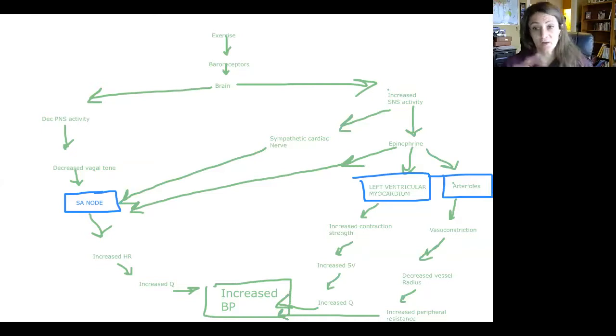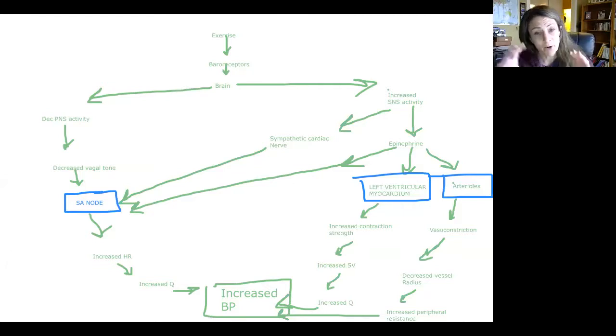So then you've got to say, well, epinephrine acts on the SA node to cause an increase in heart rate, which causes an increase in cardiac output and blood pressure. Epinephrine acts on the left ventricular myocardium to cause an increase in contraction strength, which causes increased stroke volume, cardiac output, blood pressure. Epinephrine also acts on the arterioles to cause vasoconstriction, which decreases the vessel radius, which increases peripheral resistance and increases blood pressure.